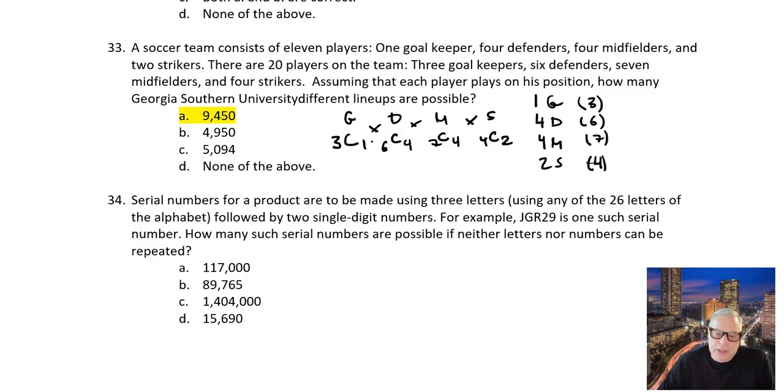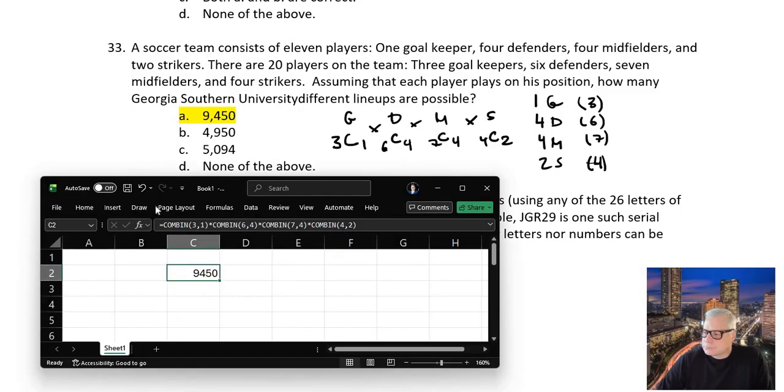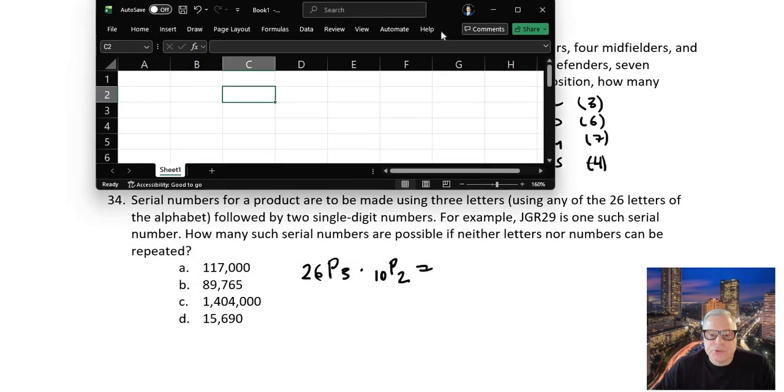So that would be all permutations of length 3 from 26, times all permutations of 2 from the 10 digits, 0 to 9. So now we can use Excel again to answer this one.